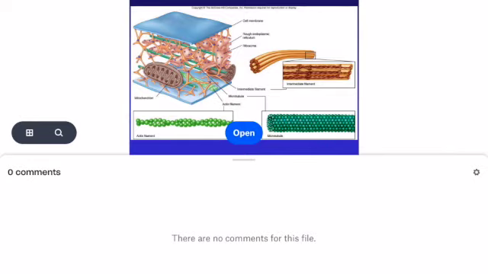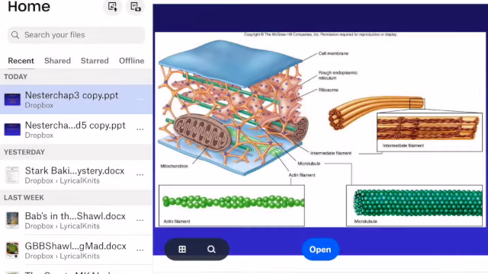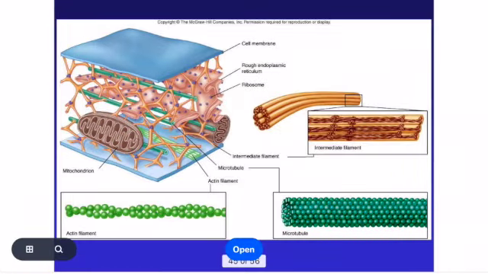I'll just edit this out later. Go to Dropbox, reopen Dropbox. Okay, here we go.